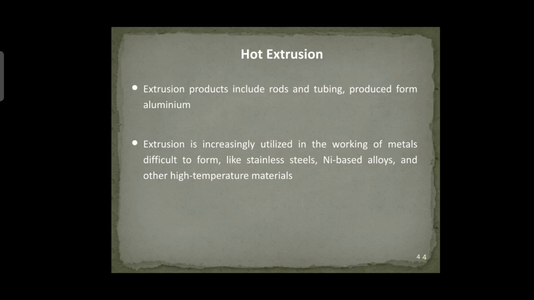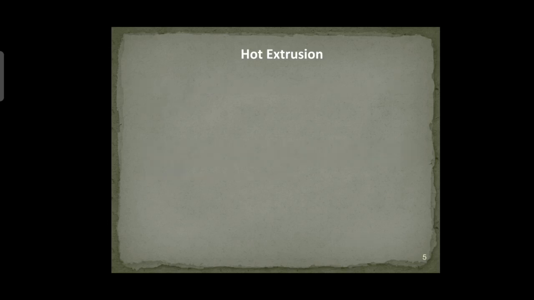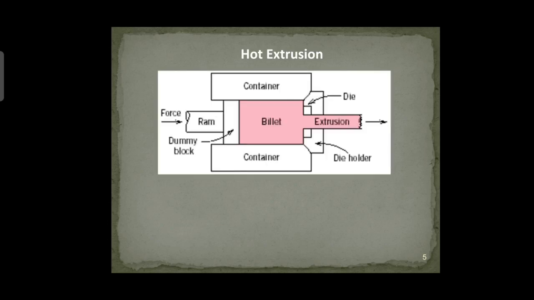And not only aluminium, you can go for high temperature materials like stainless steels, some nickel based alloys, and some other high temperature materials that can also be produced here in the form of long length rods or tubes.